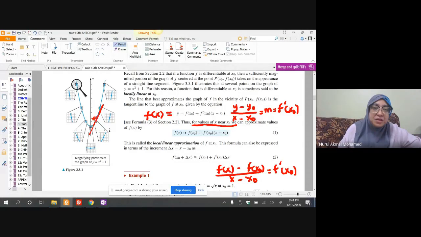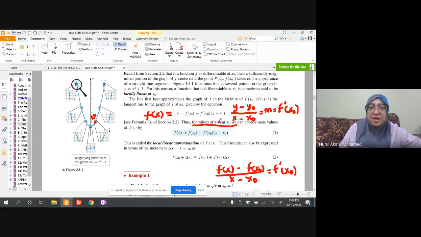So let's say you have x naught here. So this is your x naught. For x close enough to x naught, then we can have this approximation.